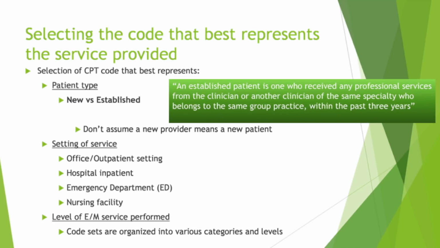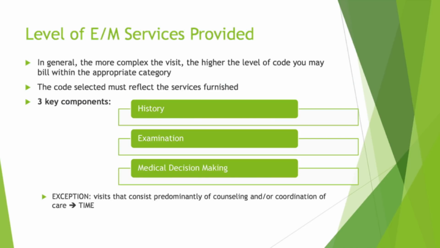Then comes the level of E&M service. The code sets to bill for E&M service are organized into various categories and levels. In general, the more complex the visit, the higher the level of code you may bill within the appropriate category. To bill any code, the services furnished must meet the definition of the code. You must ensure that the codes selected reflect the services furnished.